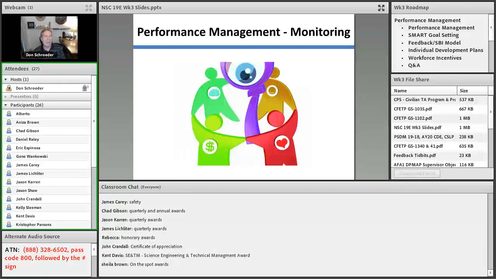There are all kinds of systems out there for monitoring your people. So the idea is we want to make sure we keep our eye on people. Besides, if we're continually monitoring, it'll make it so much easier on us when it comes to evaluation time.